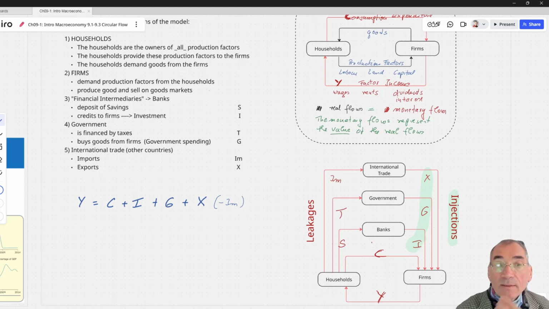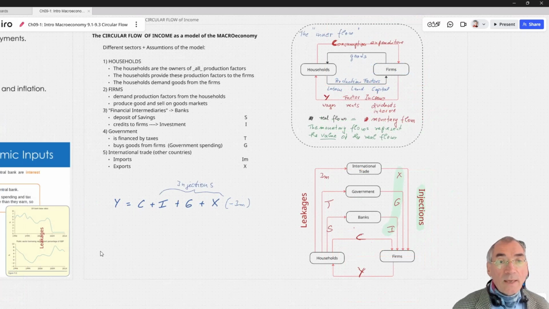Y is used as a proxy, as a way of computing GDP, gross domestic product, because it reflects this definition that we had before, the value of all final goods and services produced within a country. So GDP is consumption plus the injections. And let's emphasize this equation as it's a core.